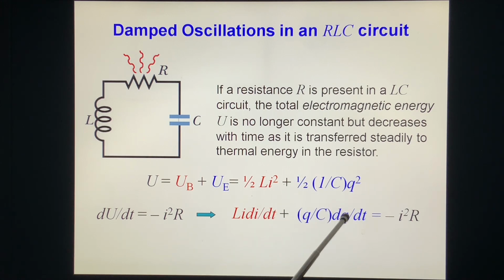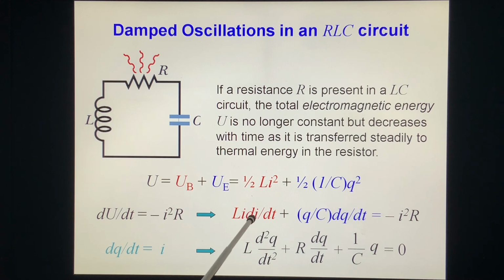Q over C dq/dt equal to minus I squared R. And we know I equals dq/dt. We put this one inside. So L divided here. This dq/dt, I cancel out.